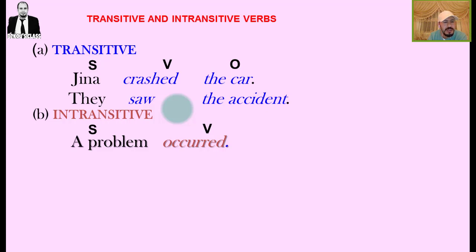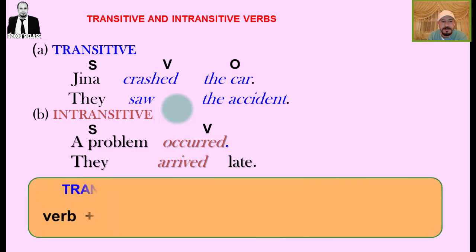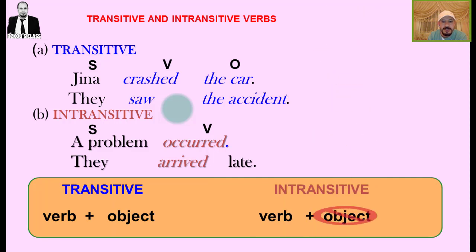So in this case, the passive is not valid. Or they have arrived late. In this case, arrived is an intransitive verb. It doesn't need an object. So transitive is verb plus object, whereas intransitive is just a verb. We don't have an object.